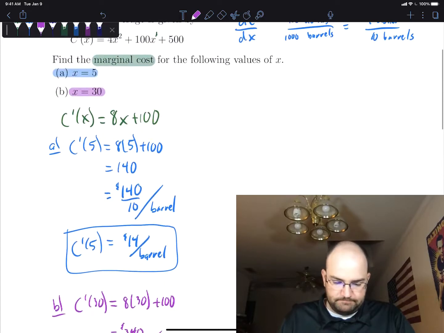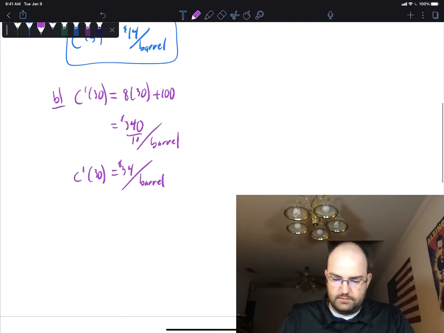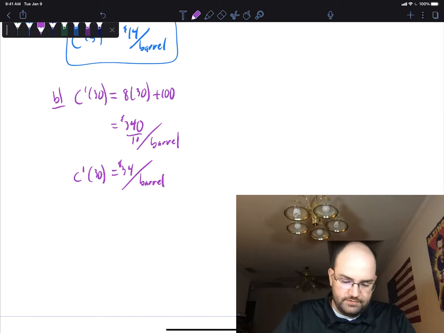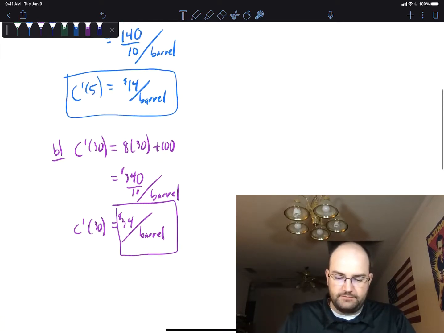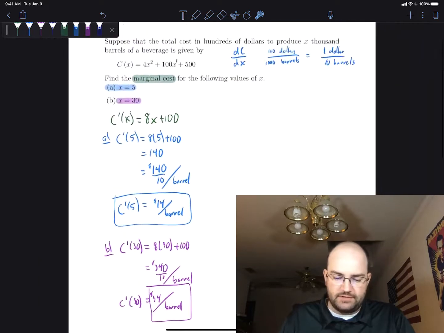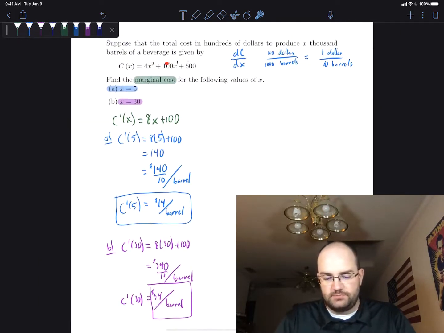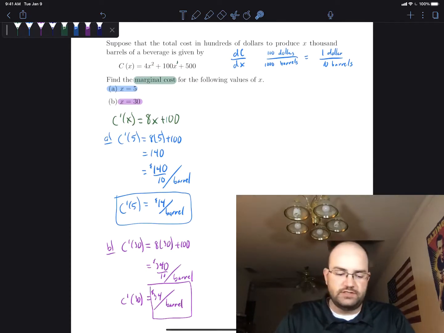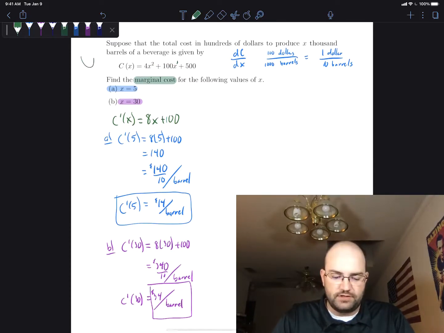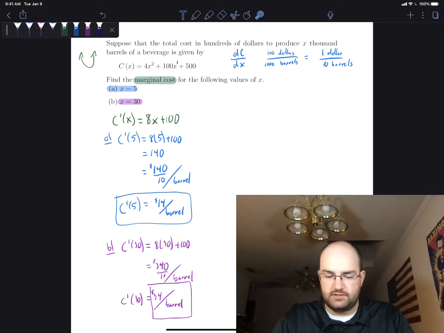Now, $34 per barrel for 30, $14 per barrel for 5. Let's talk about what's happening here. This cost function is a quadratic, and it's positive out front, which means it's opening up. That means that beyond the vertex, it's going to start increasing quickly. And that's really what the marginal cost is telling us.